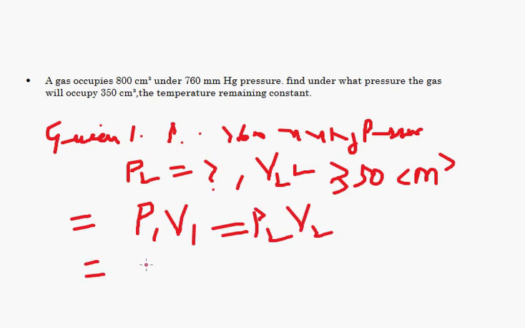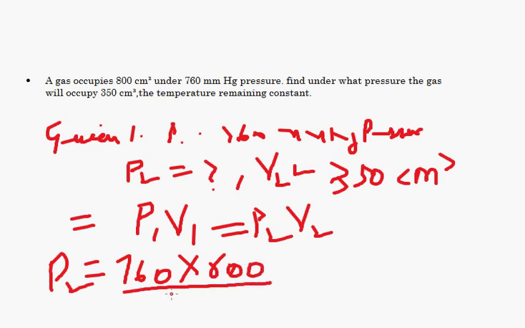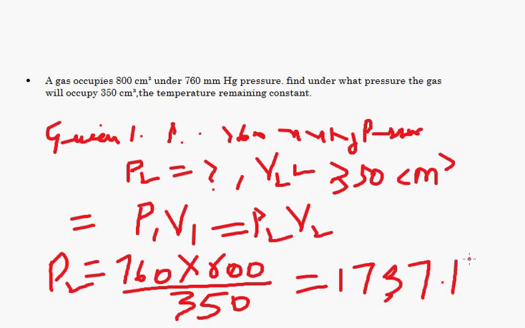By putting in the values, we'll get P2 equals 760 into 800 upon 350, which is a simple calculation that comes out to be 17371.14.